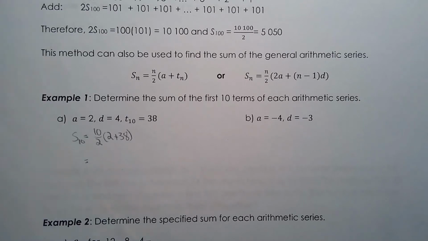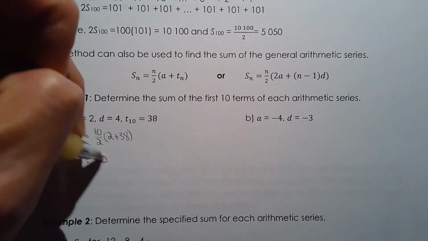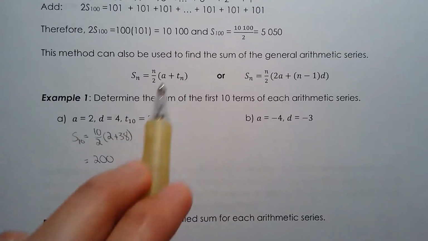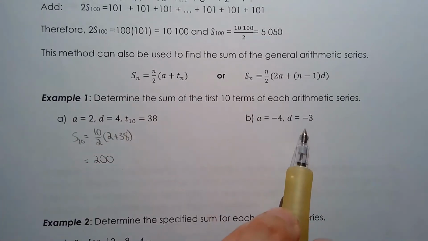All right, so for 1b, here I don't know the 10th term. Because I don't know the 10th term of the arithmetic series, I can't really use this version. I could solve for the 10th term and then use this version of the arithmetic series formula, but I might as well just use the other version, so I'm not even bothering to solve for the 10th term.